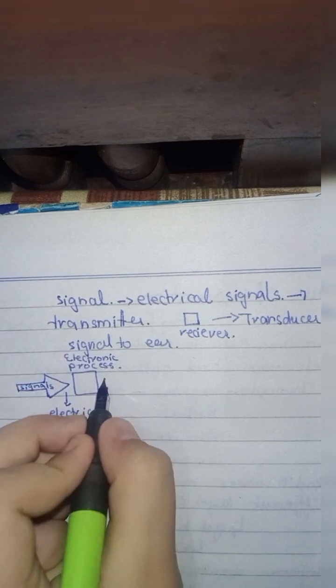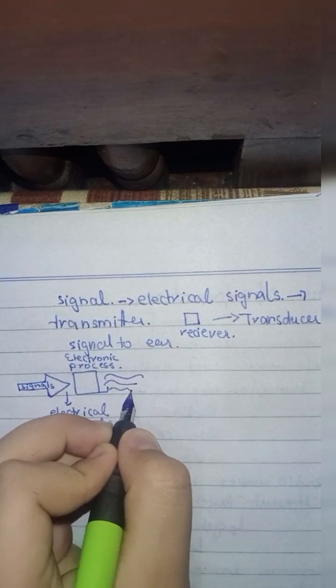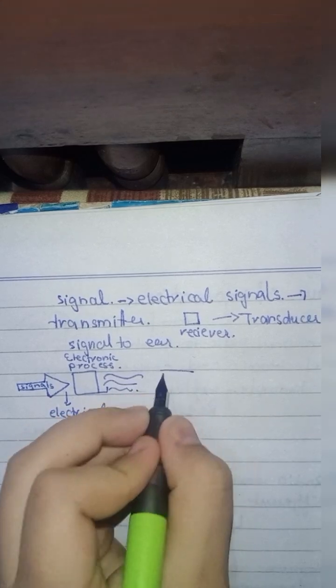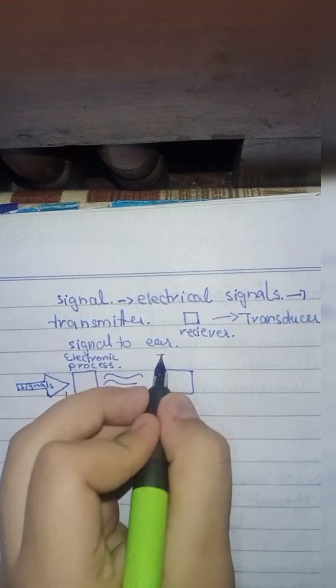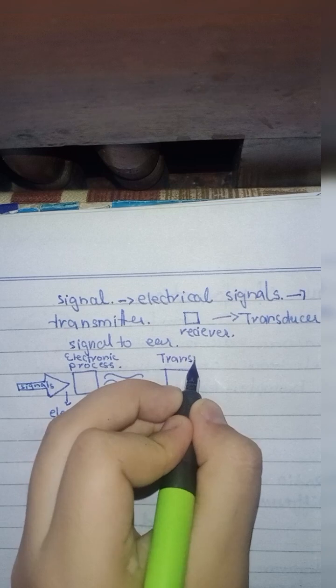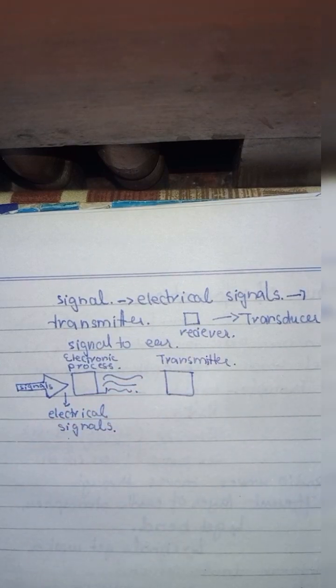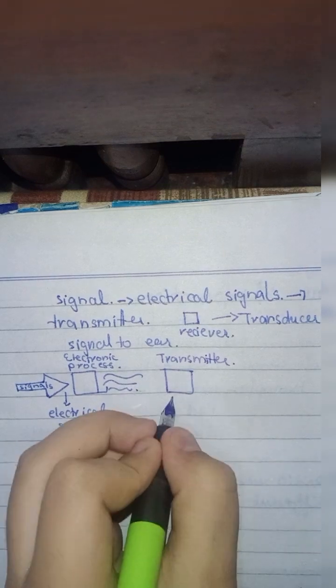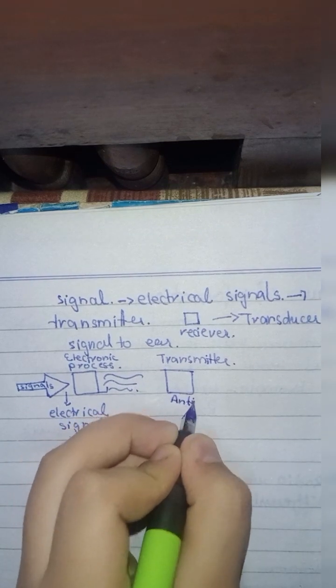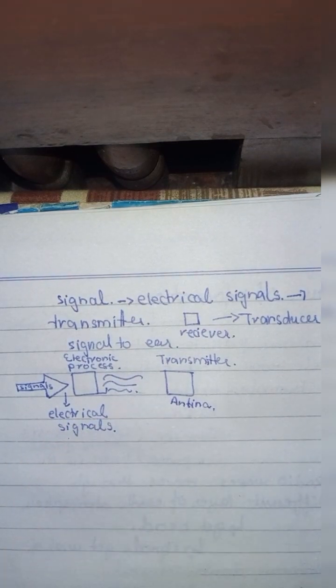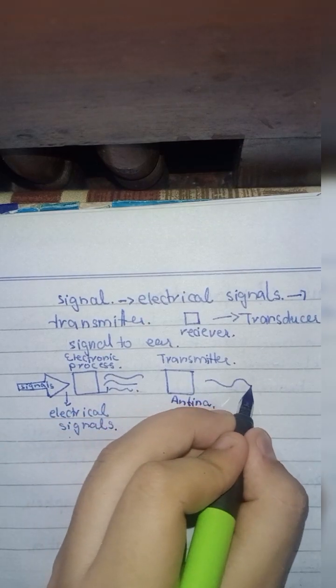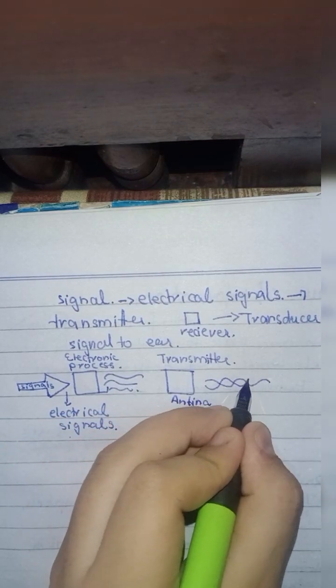After that they move to the transmitter, which detects them, and here we can also say the antenna. From the transmitter the electromagnetic waves move forward.